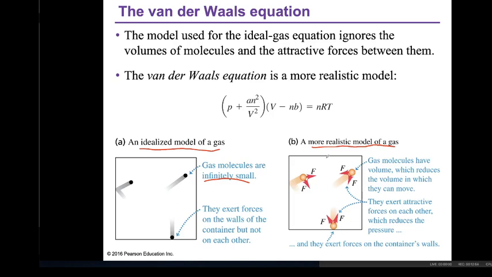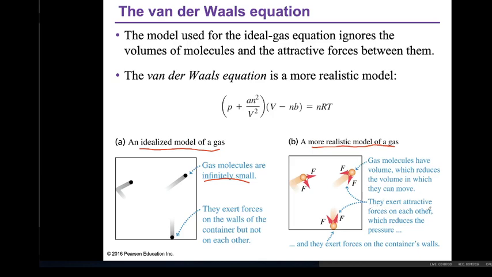That's the ideal gas. For a realistic model of gas, the gas molecules have volume, so they are not infinitely small. They have a size, and because of that it reduces the volume in which they can move. In the same container, the free space is reduced.